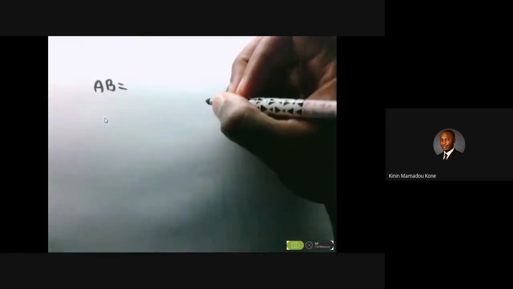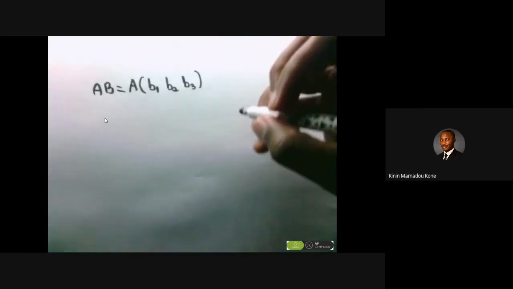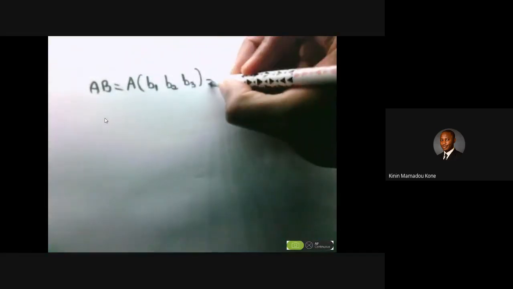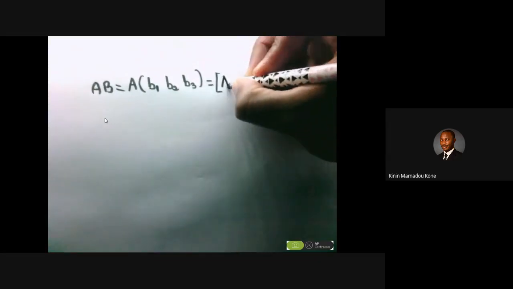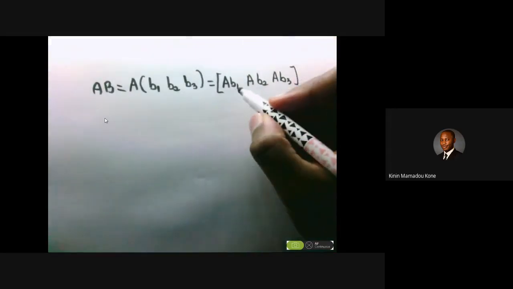We had AB like this, and from AB we decided we're going to partition B into column vectors B1, B2, and then B3 like this. And then if we do the multiplication, we can write it as AB1 like this, AB2, and then AB3. So let's calculate AB1, AB2, and then AB3.